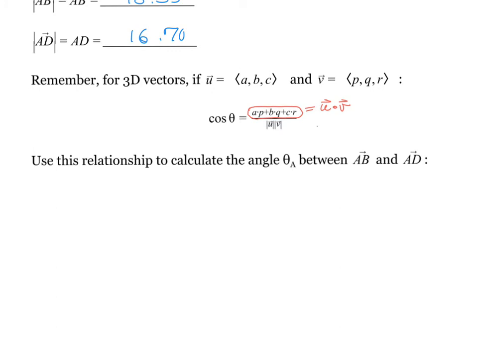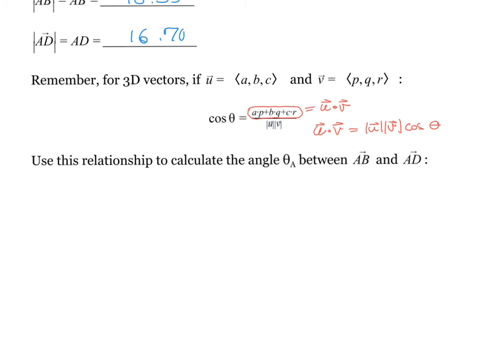The other way to figure out the dot product of u and v is to multiply the magnitudes of the vectors times the cosine of the angle between them.